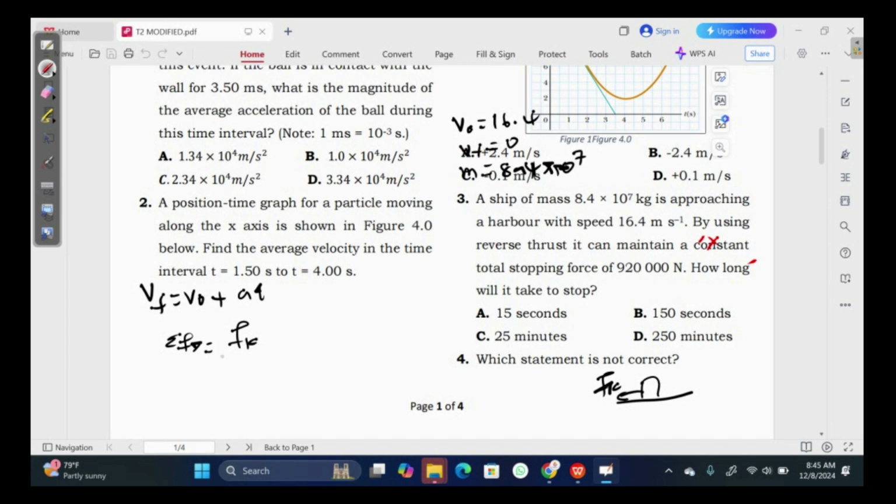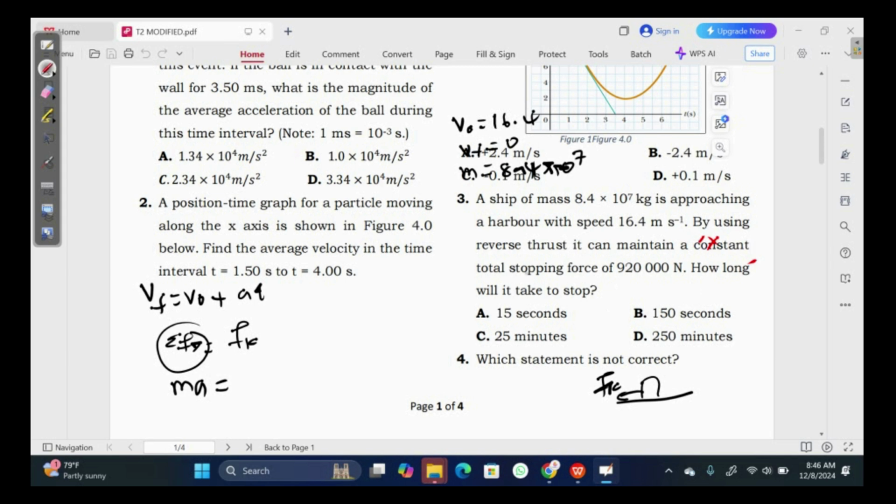According to Newton's second law, this is replaced by mass times acceleration. What is the friction? They have already given us the force, we don't have to struggle.